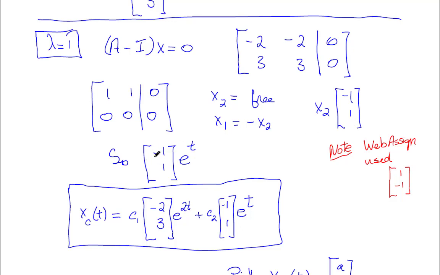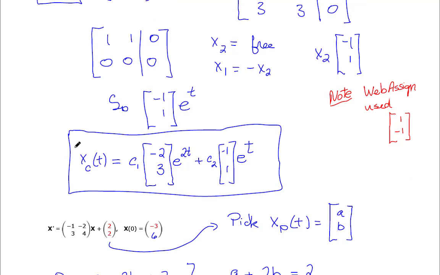And so that gives me minus 1, 1 e to the t. Now for some reason WebAssign chose to write it as 1, minus 1, which you can get simply by multiplying the top and the bottom here by negative 1. Still works because you can multiply this item by any scalar that you like.